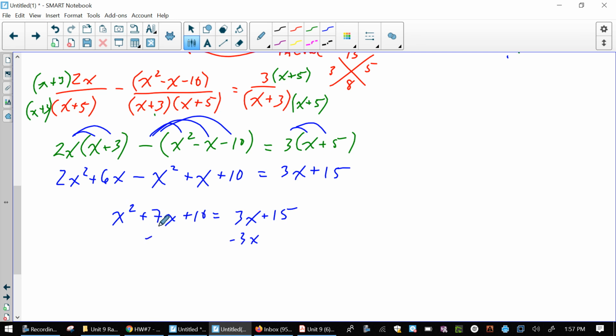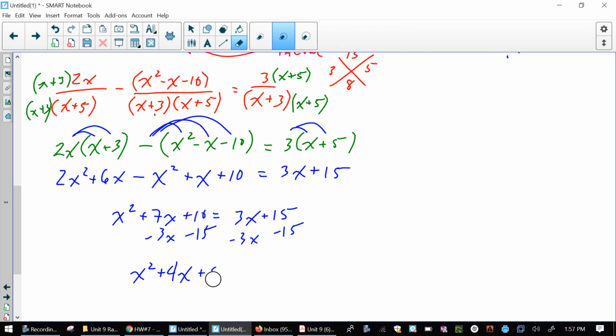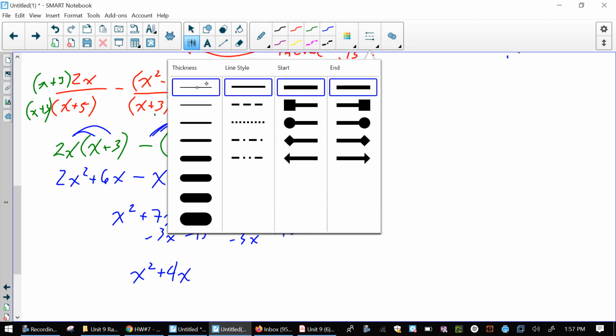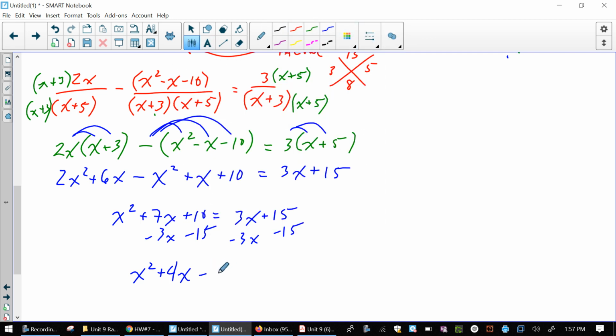Keep our x squared positive. And here's our quadratic then. x squared plus 4x plus 5. Sorry, minus 5, because that's a minus 15. So let's fix that. And now we can factor and solve.